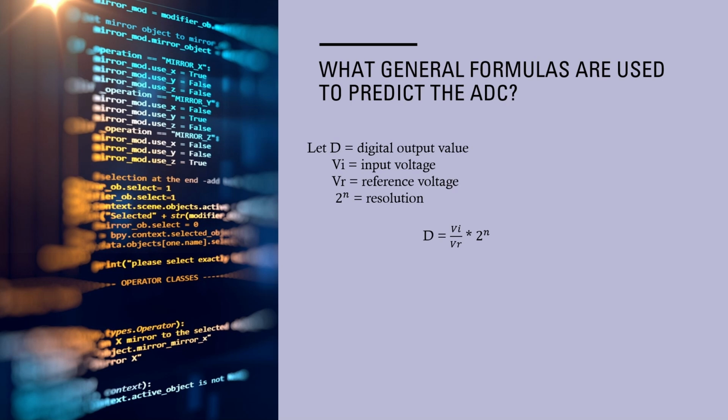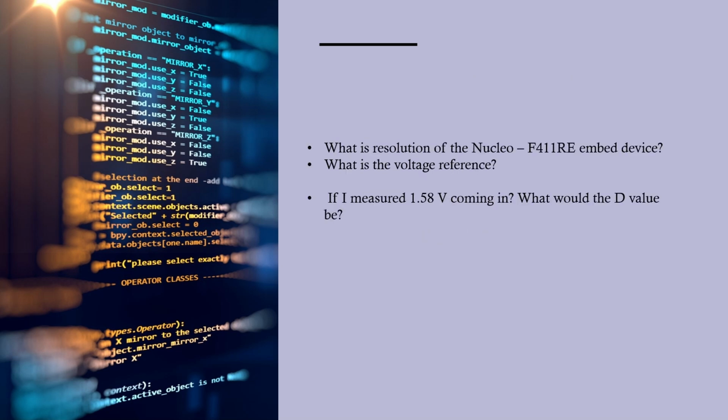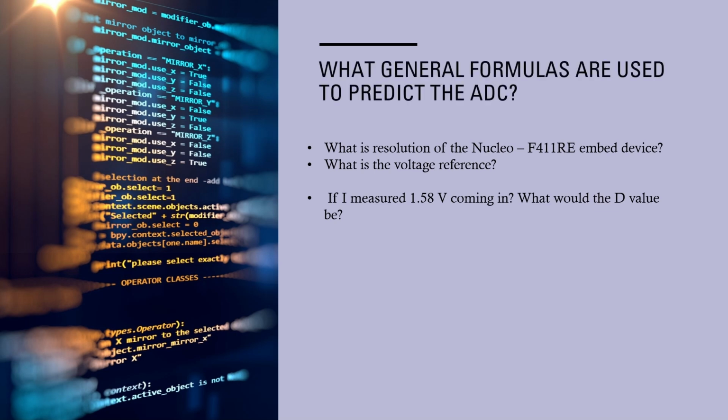The reference is the voltage going in. It depends on the circuitry, but in our case, it's 3.3 volts. This is the general formula of how it works, and this is what they're aiming for at all times. So what is the resolution of the Nucleo F411RE embedded device?